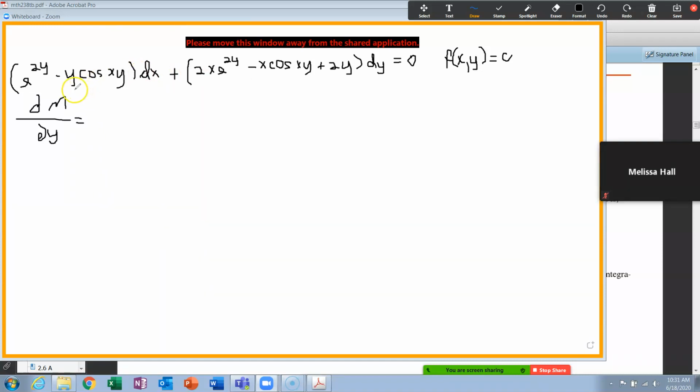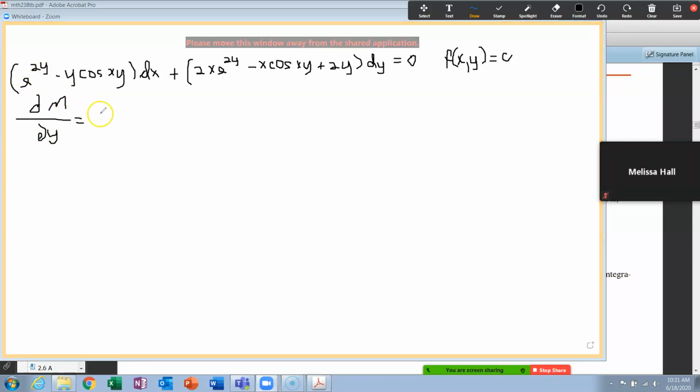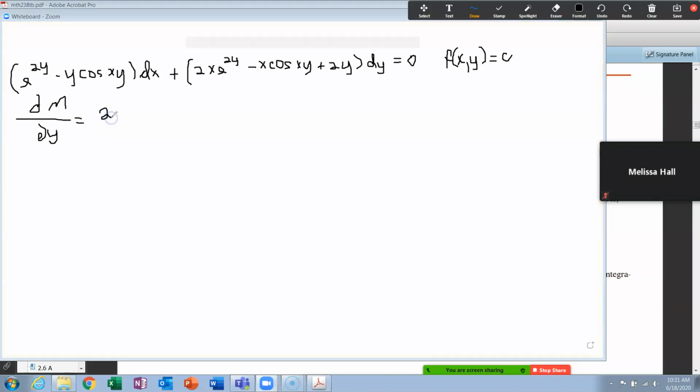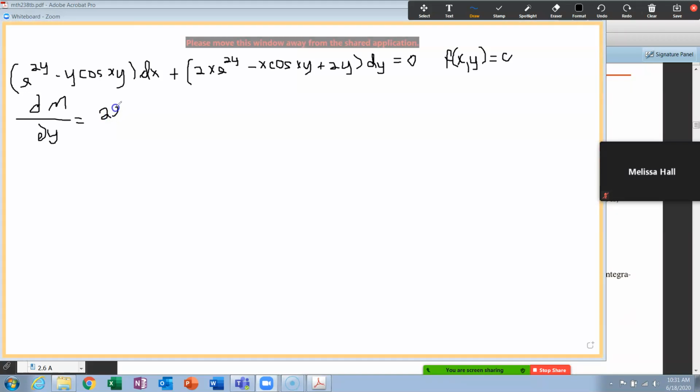Here's the first test. Take the partial of this thing here with respect to y, the other variable. Well, what is the partial of e to the 2y? Anybody? We're running rapidly out of time, so that's 2 times e to the 2y, right?